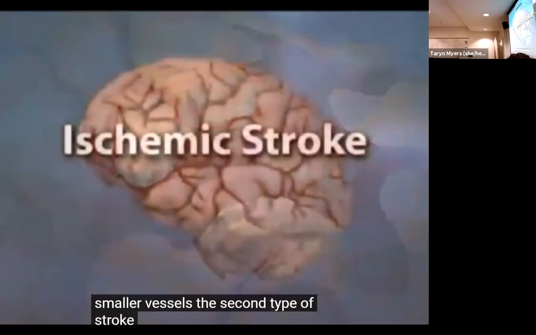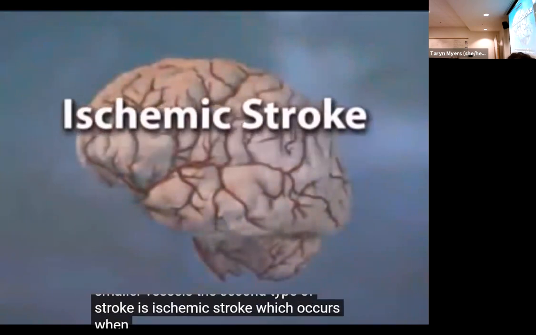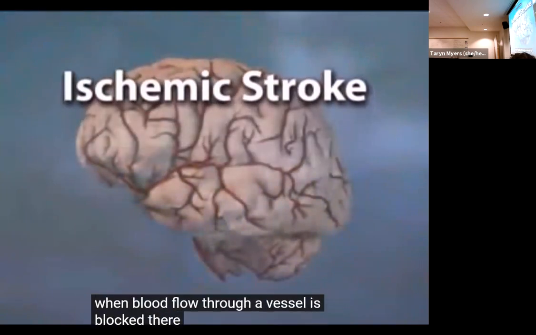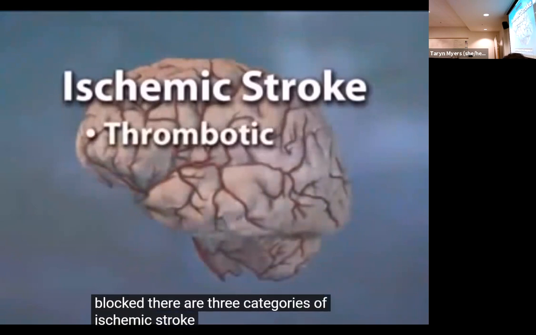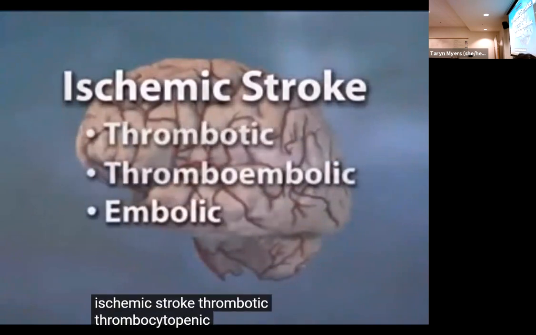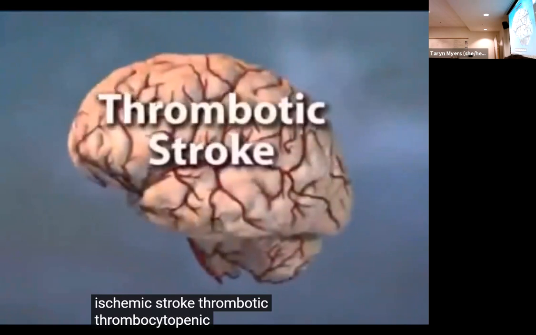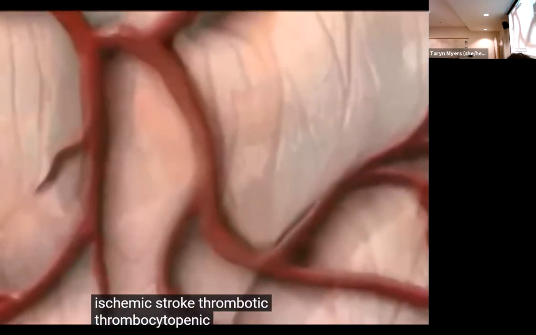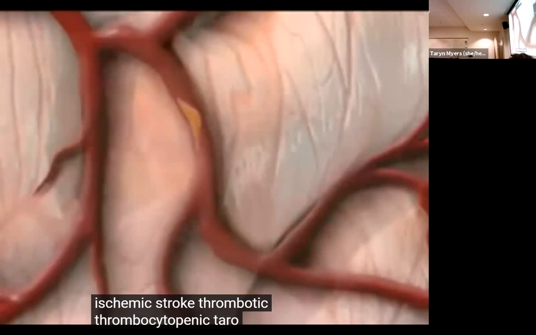The second type of stroke is ischemic stroke, which occurs when blood flow through a vessel is blocked. There are 3 categories of ischemic stroke: thrombotic, thromboembolic, and embolic. A thrombotic stroke occurs when flow in a blood vessel in the brain is obstructed by arteriosclerosis.